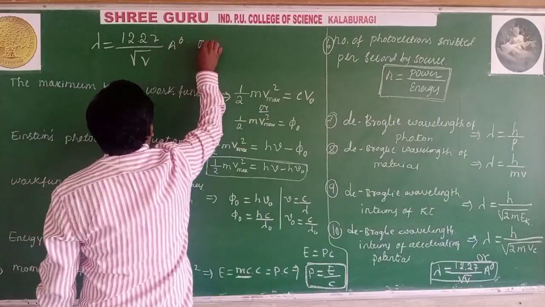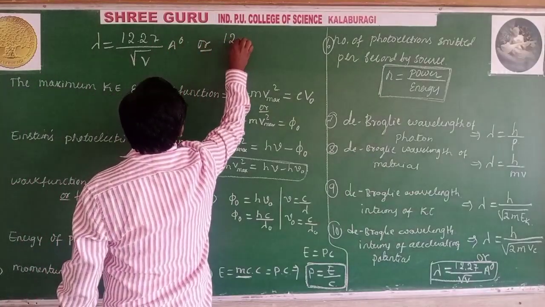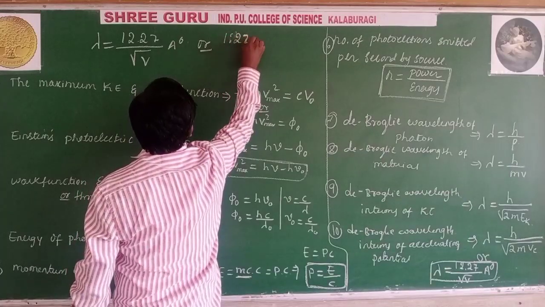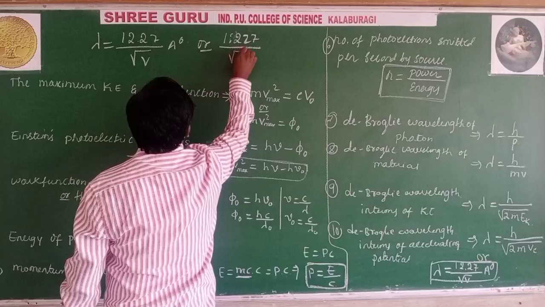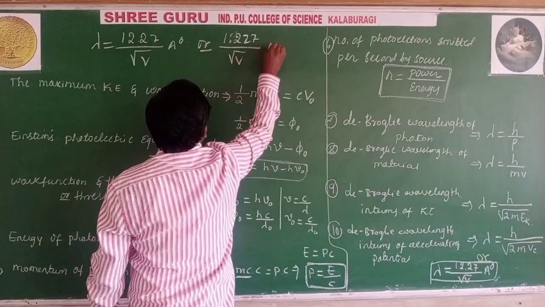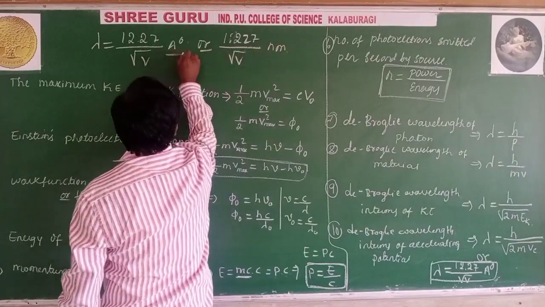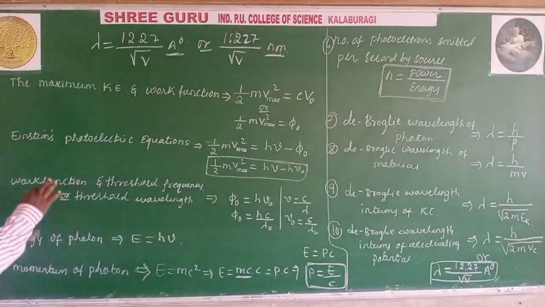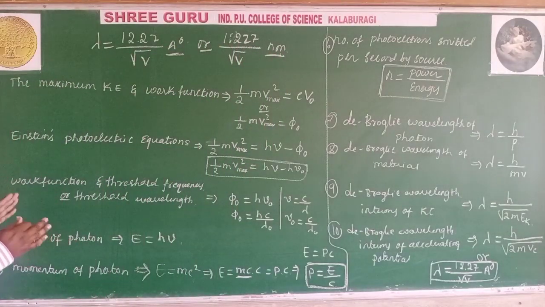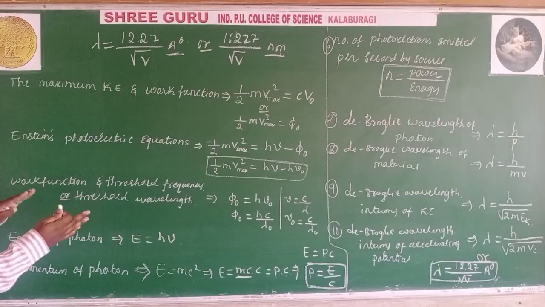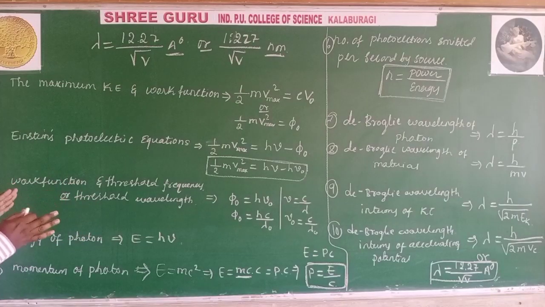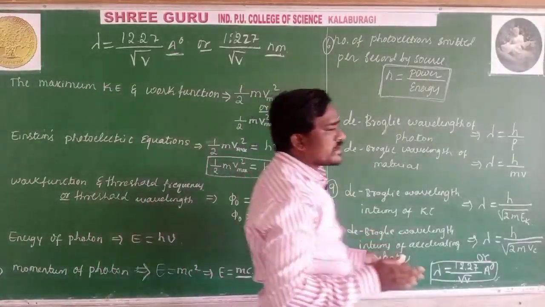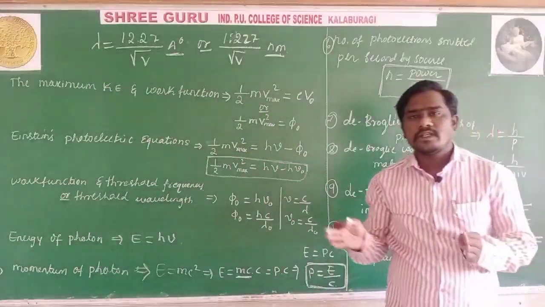Or we can also write 1.227 by under root of V nanometer. I am just converting from angstrom to nanometer. These are the expressions we already discussed in the theory part. Just keep these expressions in your mind. If you don't know these expressions, it is not possible to solve the numericals.